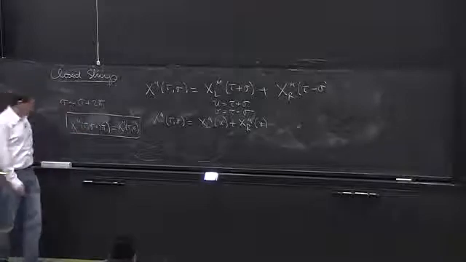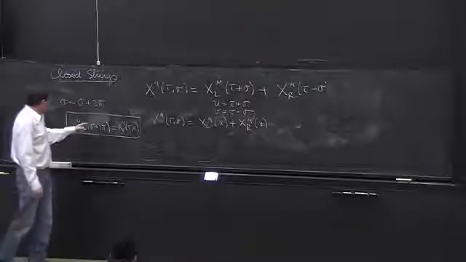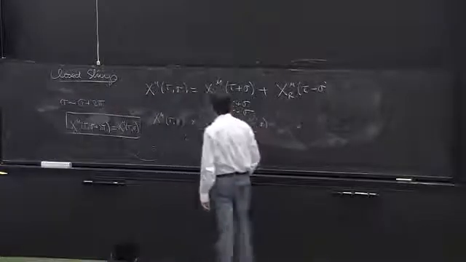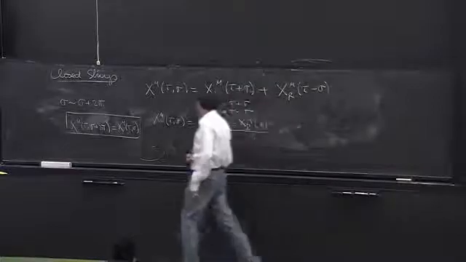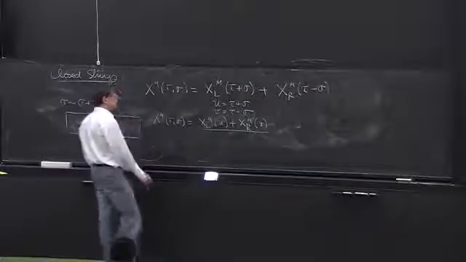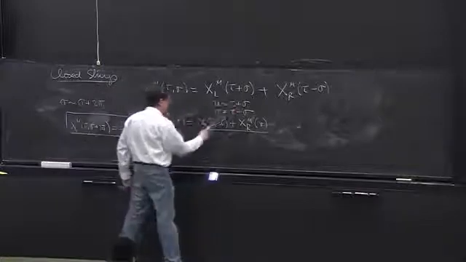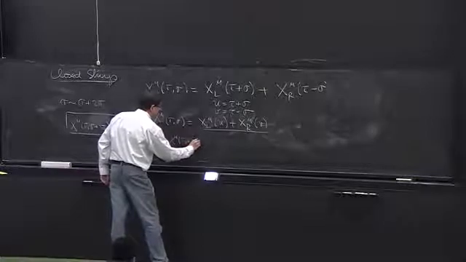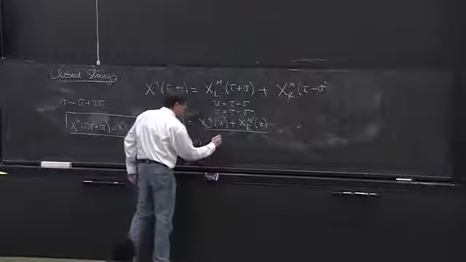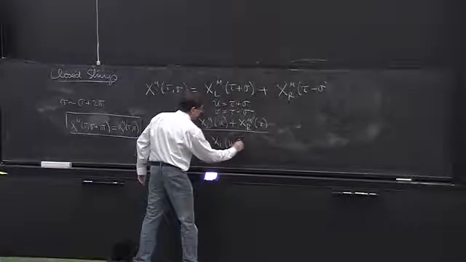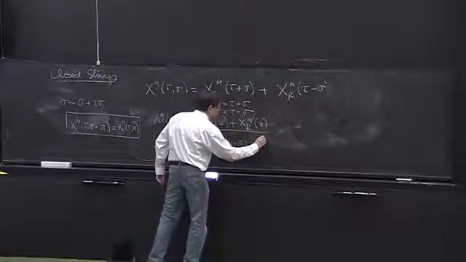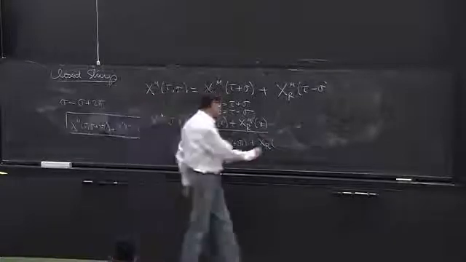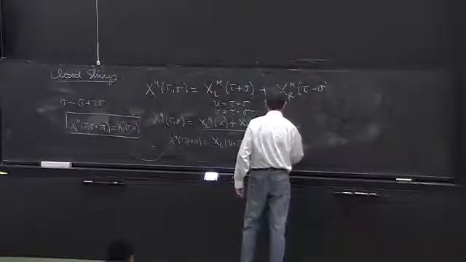What does this tell you? Well, let's just look at this. What is x mu of tau, sigma plus 2 pi? What happens to u when you do sigma plus 2 pi? u increases by 2 pi. So this x mu of tau, sigma plus 2 pi is xl of u plus 2 pi plus x right of v, which, on the other hand, decreases by 2 pi, v minus 2 pi.